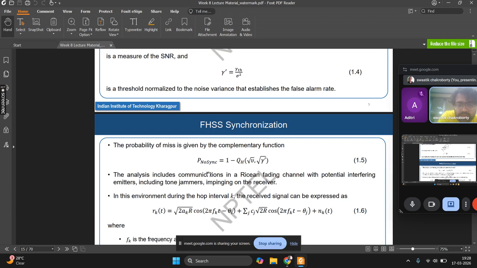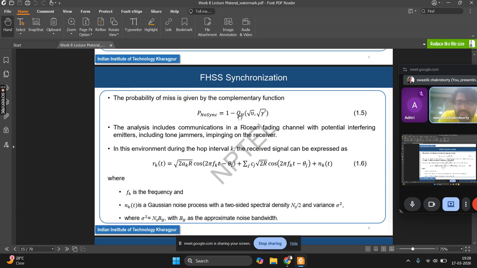From there, you get the probability of missing a particular hop, and the probability of miss is given by the complement. So basically, what is the probability that a particular search will give you a correct result or not?